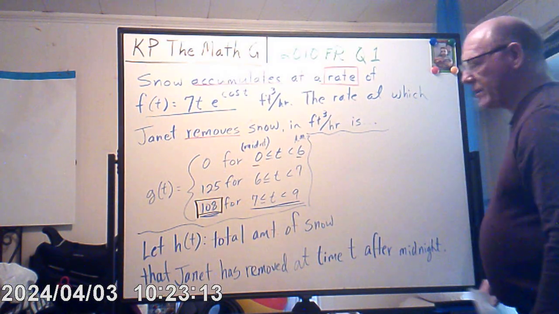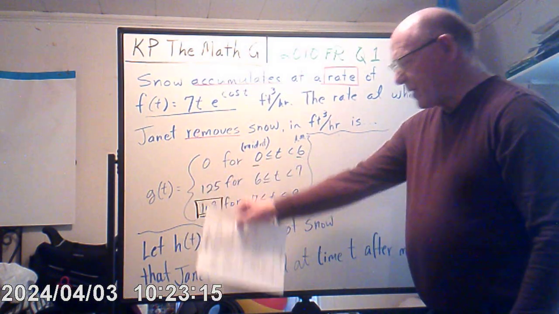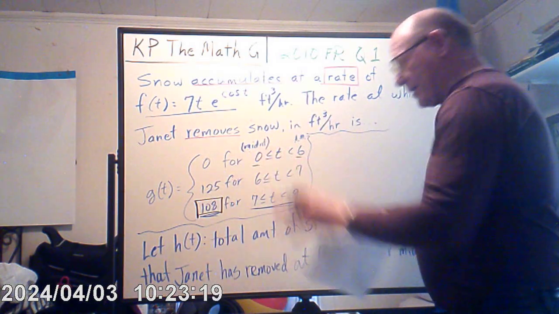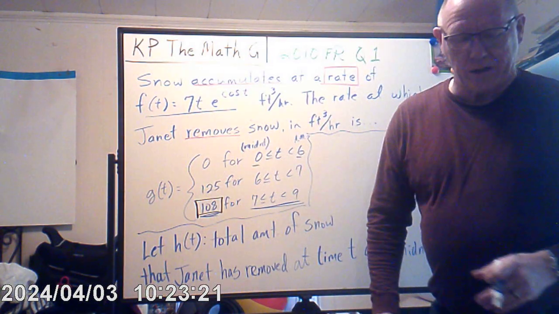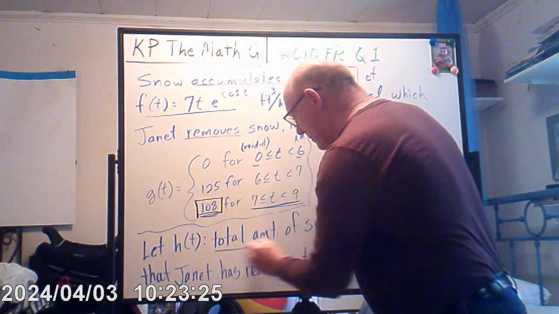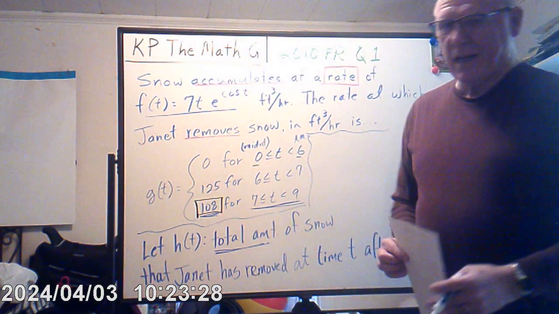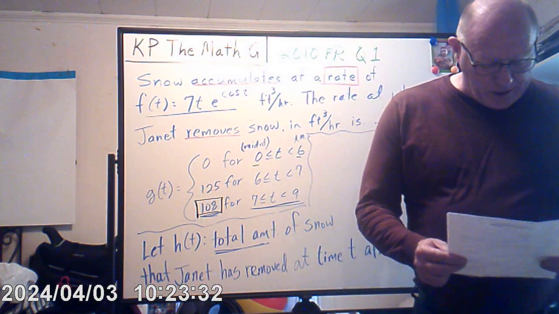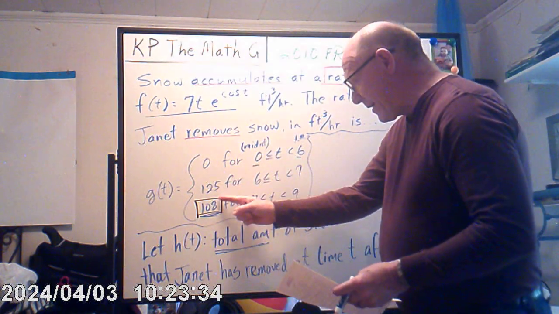Okay, so we have to come up with this piecewise function. Remember, g is the rate at which she removes the snow. What they're asking for is the total amount, which means we are going to have to set up a definite integral, aren't we? So we have to have 3 of these.